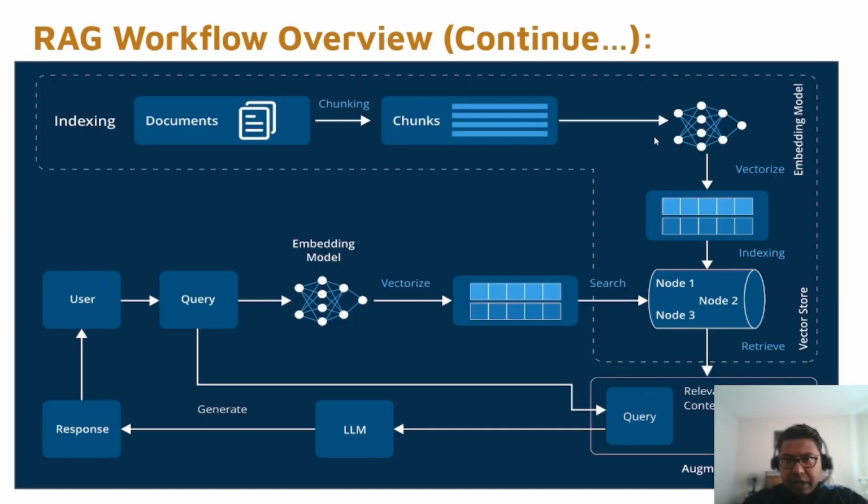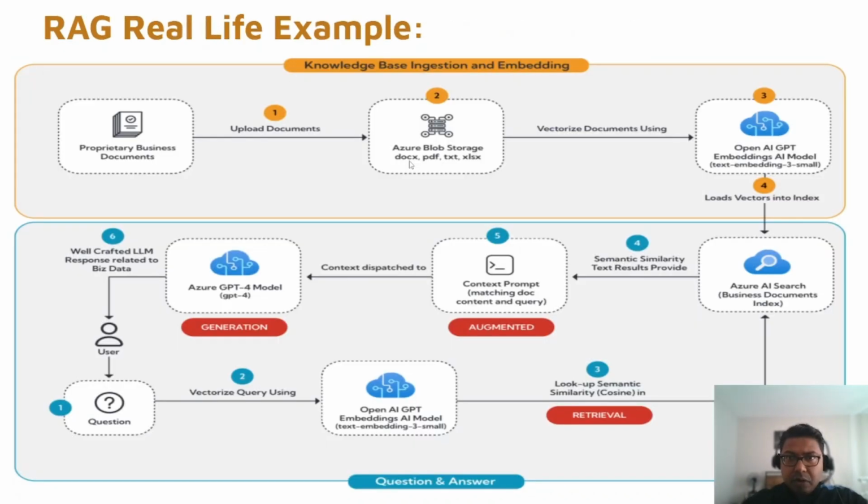Then this particular thing, this embedding model and these chunks, the chunks thing, means Azure Blob Storage. It creates all the chunks and vectorized documents. So first we pass those documents, it creates the chunks, and then it vectorizes the documents using this embedding model.